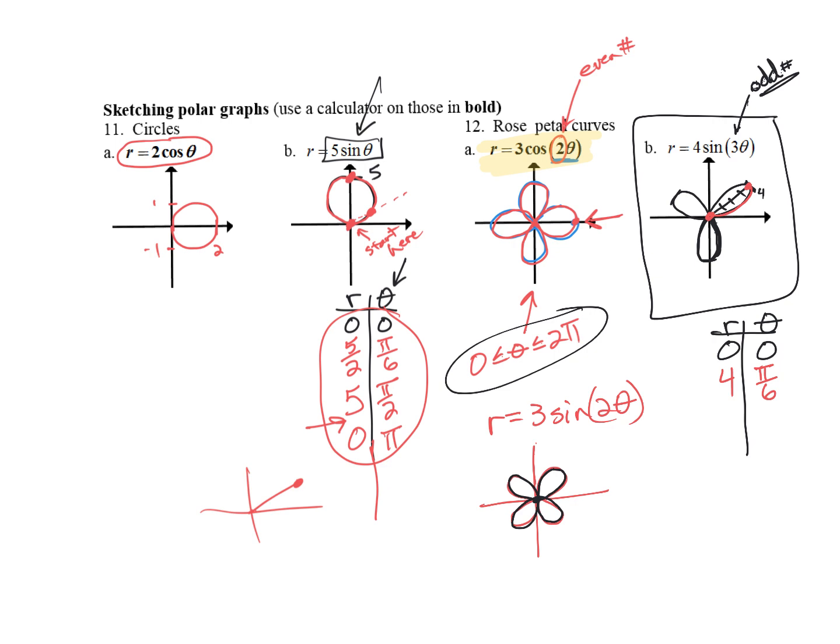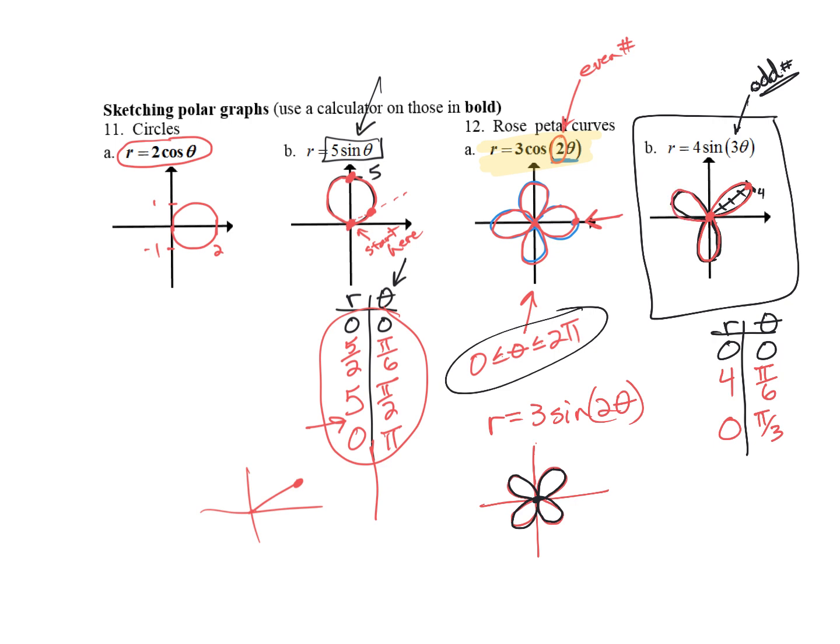You put in, say, pi thirds, and you end up with sine of pi, which is 0. We get back to our 0, so it gets us back here. And then you can keep going. You only need to get points out to pi here.